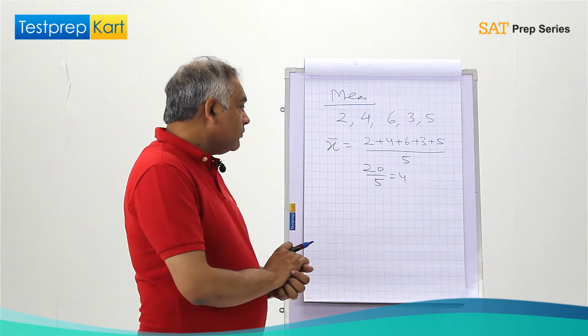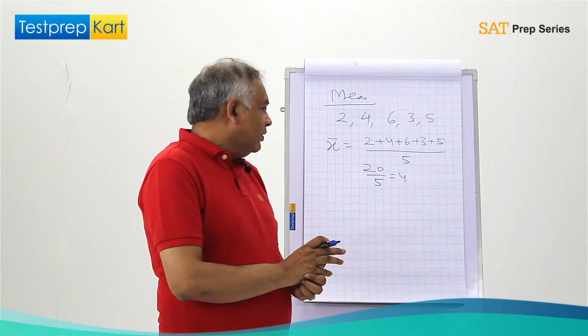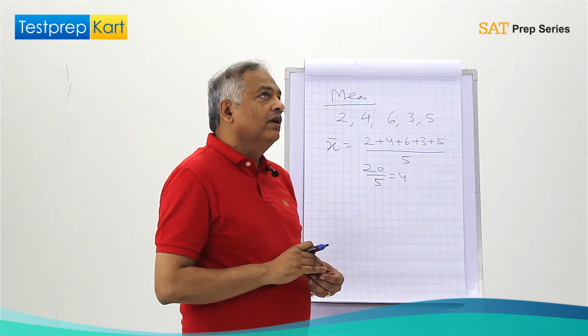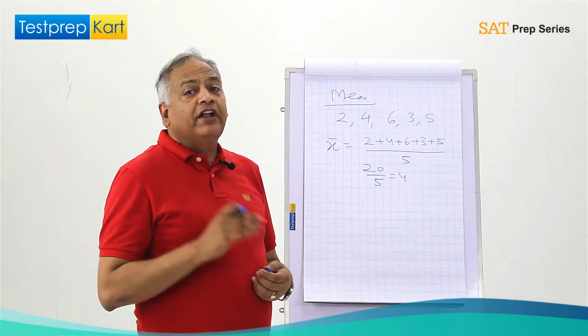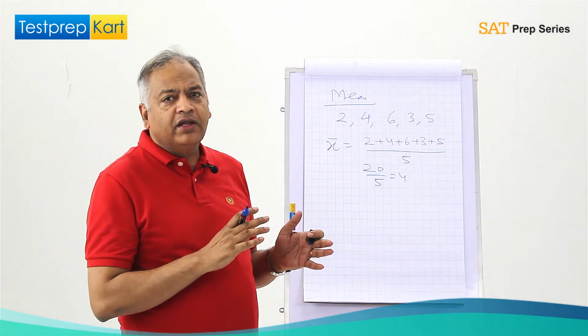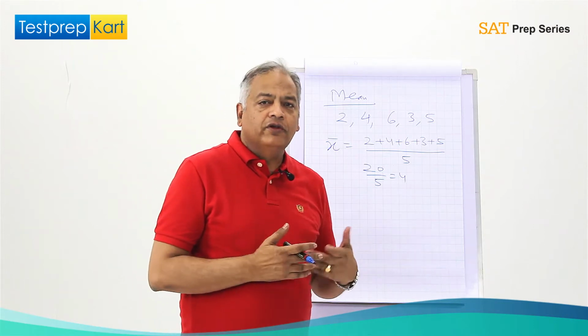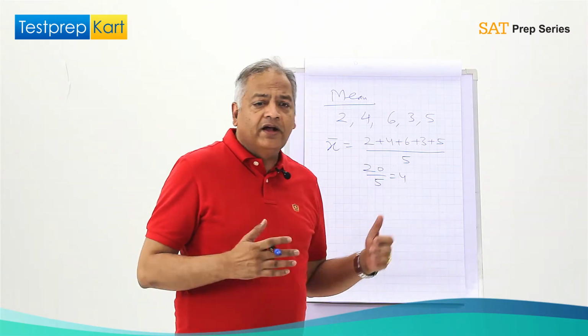Now, in SAT 2, Mathematics 2, you get some questions which are based on the weighted mean. Not a simple mean, but the weighted mean. Let me take one question to explain the difference between the normal mean and a weighted mean.